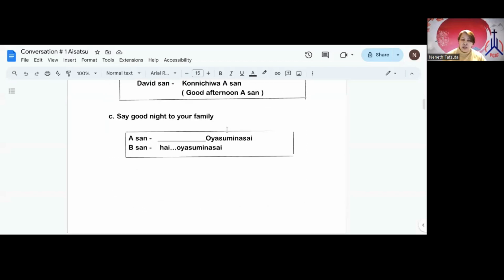And then you're going to say good night to your family, for example, your mother. How you call your mother is, for example, okasan, oyasumi nasai. Although your mother will not answer, of course, this is just for example, okay?